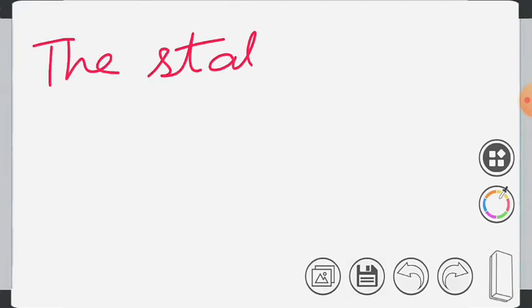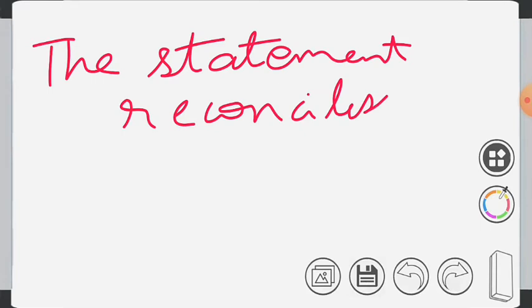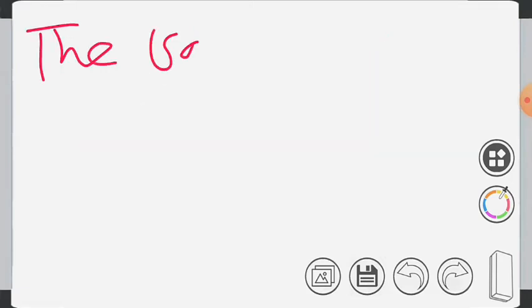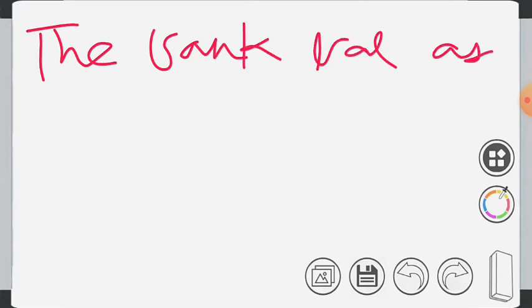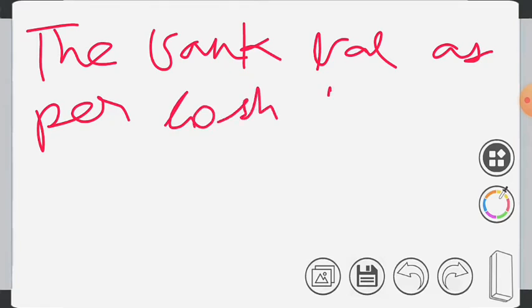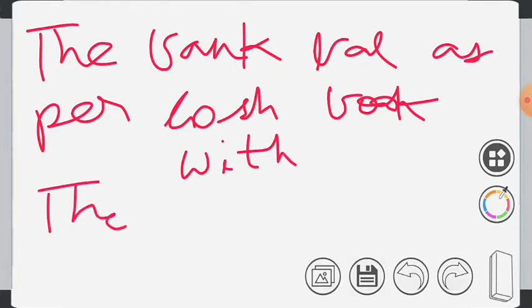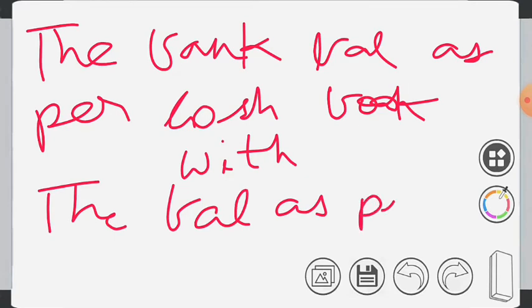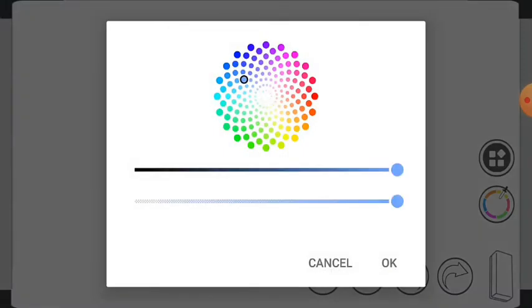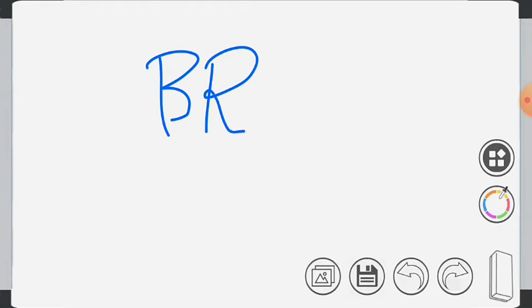When the statement reconciles or compares the bank balance as per cash book with the balance as per passbook, then it is known as bank reconciliation statement.